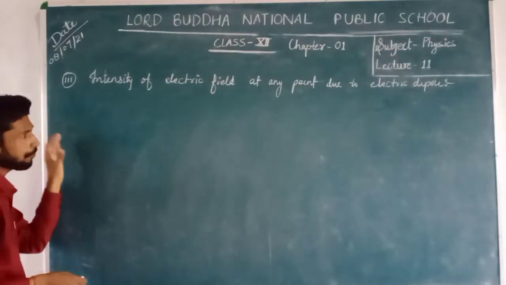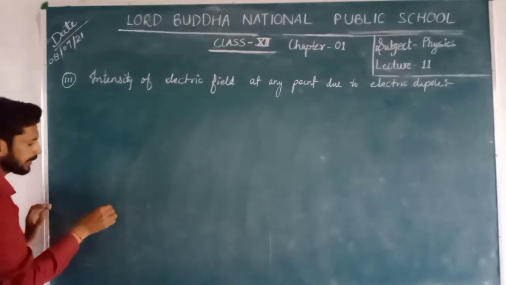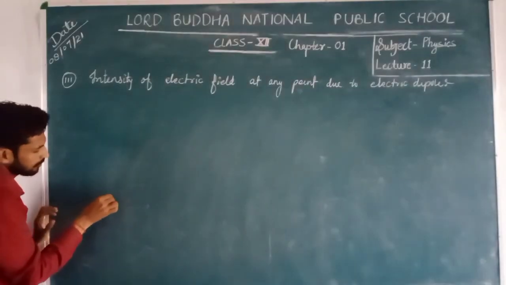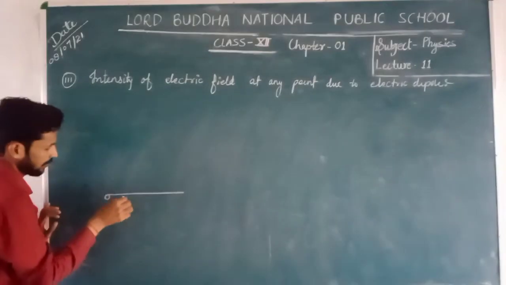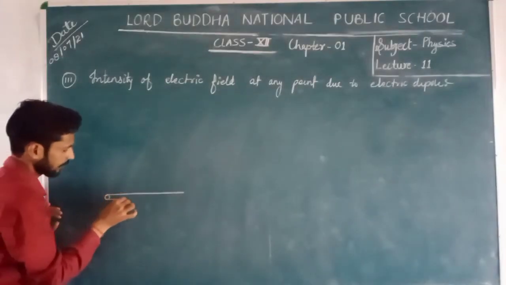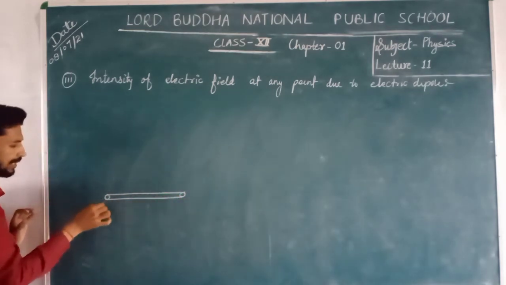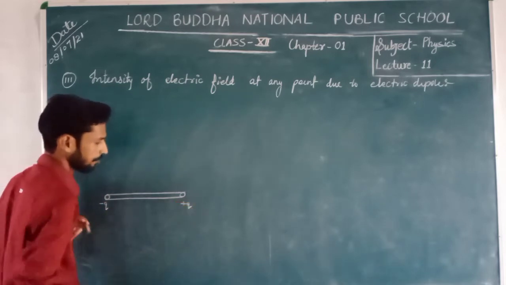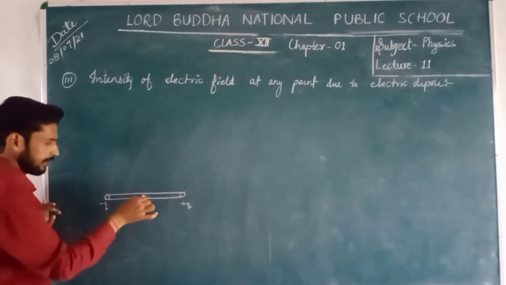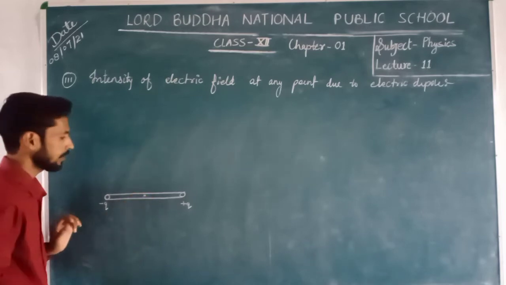And if we are going to discuss this topic, suppose that there is an electric dipole like this, and one side is negative charge, the second side will be positive, and this is the midpoint of this electric dipole.